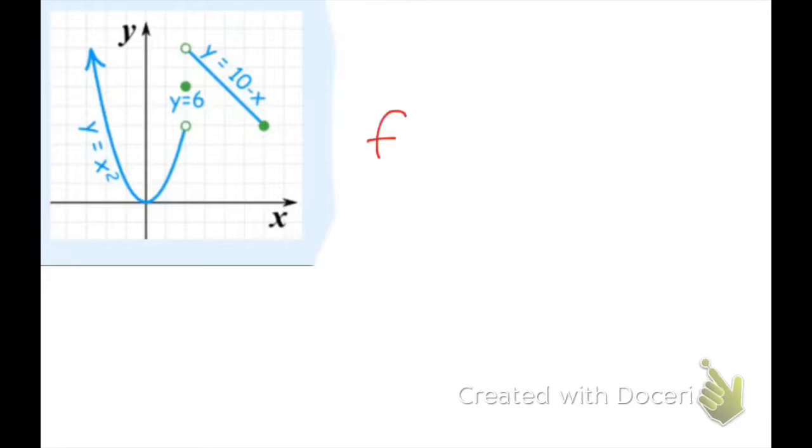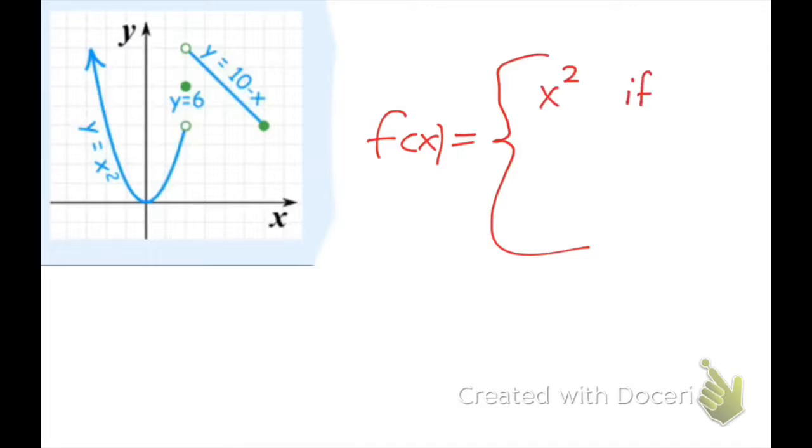We're going to say f of x, the function evaluated at x, is going to equal, and I'm going to use a big bracket here, just like that, and let's start with this function. I'm going to say that function is x squared, and that function works, so f of x if x is less than 2.